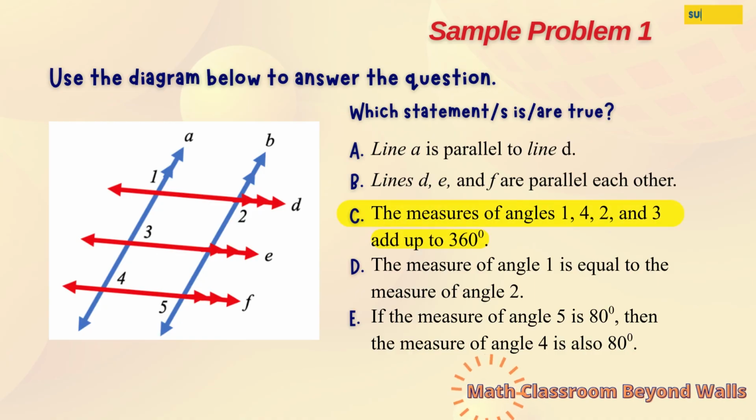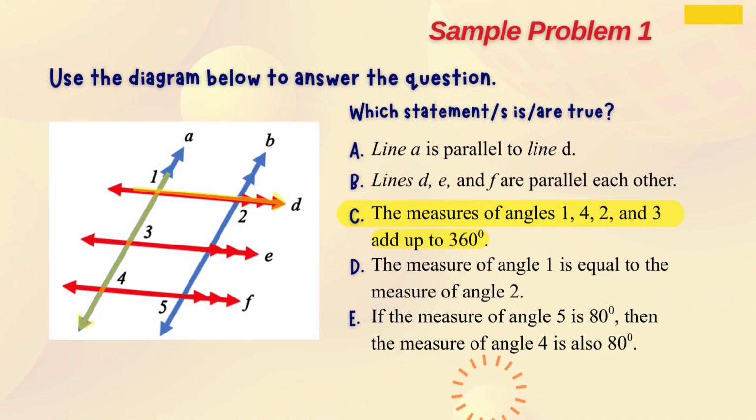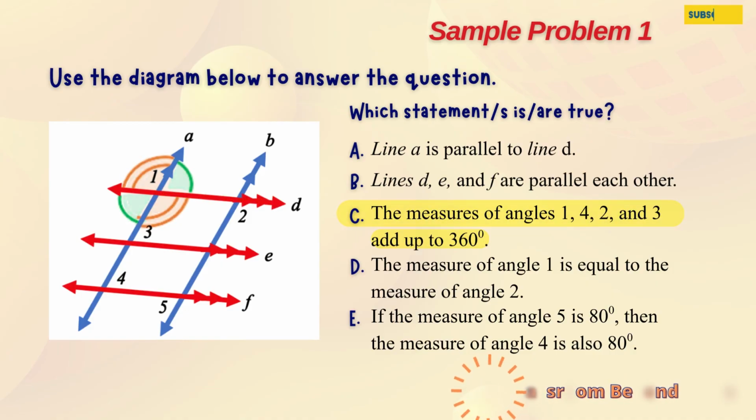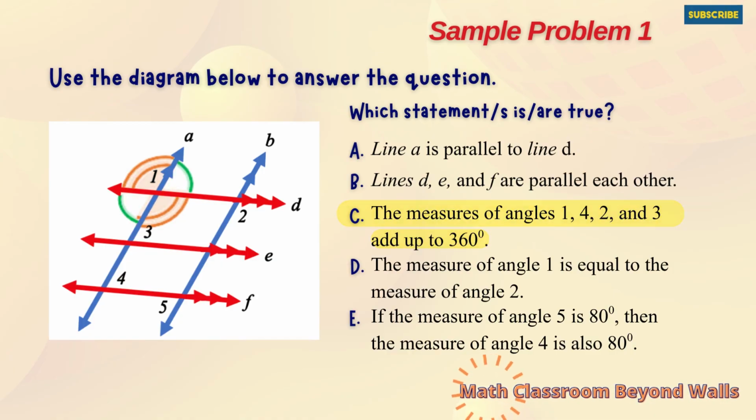Let's go. So around this point, the measures of these 4 angles add up to 360 degrees. 2 of these angles have 2 arcs each, and 2 have 1 arc each. So a combination of these, wherever they are located on the diagram, would add up to 360 degrees.